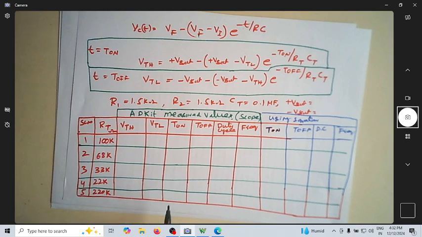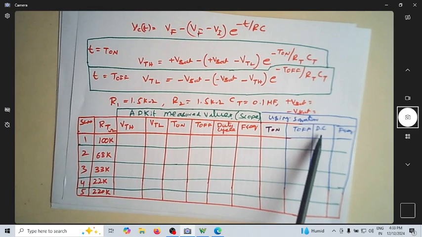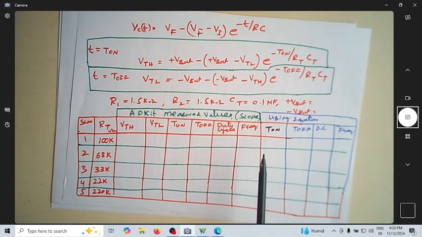I will show the scope of the Analog Discovery so you can note down VTH, VTL, T on, T off, duty cycle, and frequency. Use these two equations to find T on and T off, then the duty cycle and frequency. Then compare the measured values with the theoretical values.